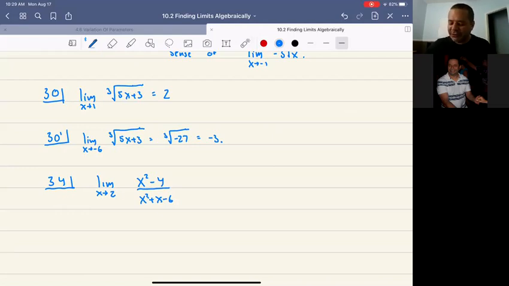If we do, 2 squared is 4 minus 4 is 0. And 2 squared plus 2, so 4 plus 2 is 6, minus 6 is 0.